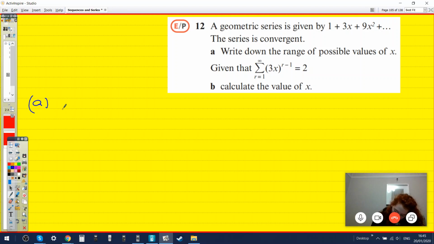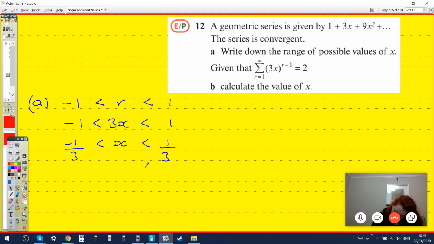So it would have been from -1 to R is bigger than it, and then to +1. Is it 3x? Yep. So then that would mean it's -1/3 between 1/3.